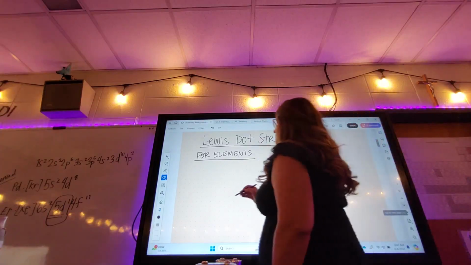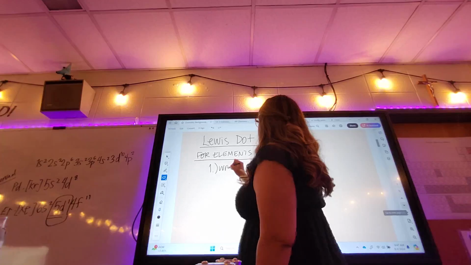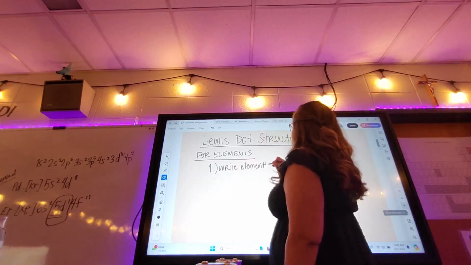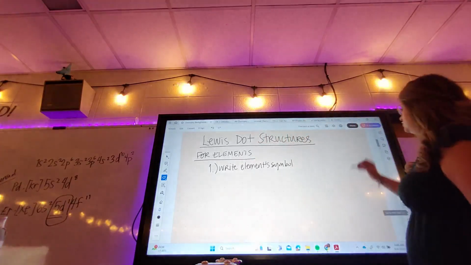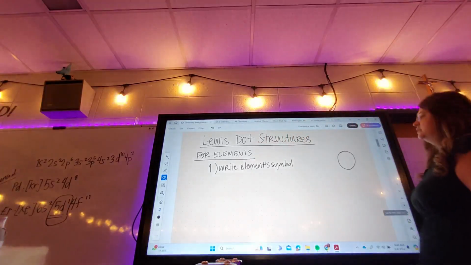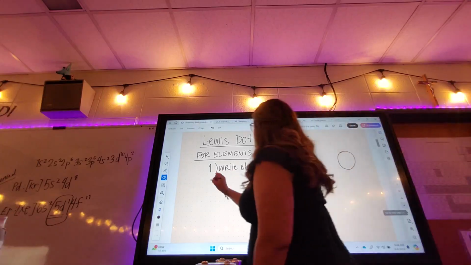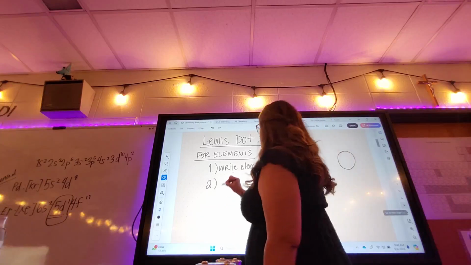So for the elements, what you're going to do is firstly write the element symbol. And I'm going to choose oxygen as my example. So here I am with an O, and that's my first step. Step 2 is to determine the number of valence electrons.